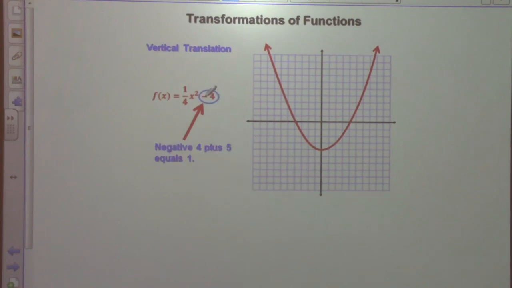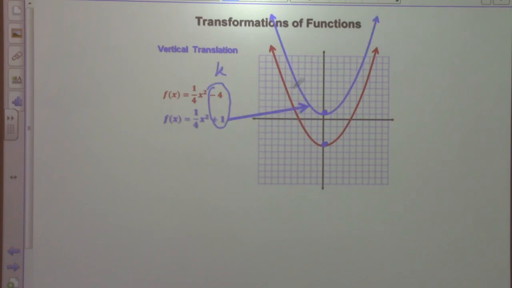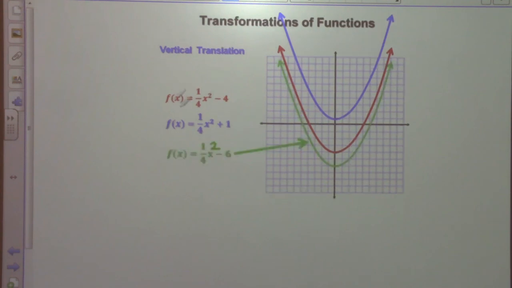So if we take this -4 plus 5, what are we going to get? 1. And what is that going to look like? Well, it's going to look like this. Okay? So this is what we call k. And then if we go ahead and take k equals -6, we come down here.